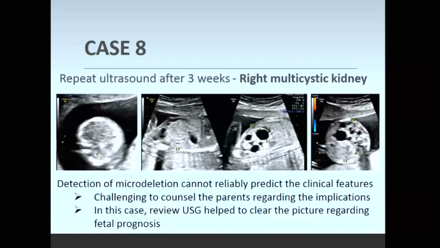It can be seen in cases where there is no symptoms, or one of the parents may have diabetes. Another name for this condition is renal cyst and diabetes syndrome. So we need to do ultrasound of the parents to look for any renal cysts that may be asymptomatic till now, and sugar levels. One of the parents may be a carrier for this particular deletion and may be entirely asymptomatic.